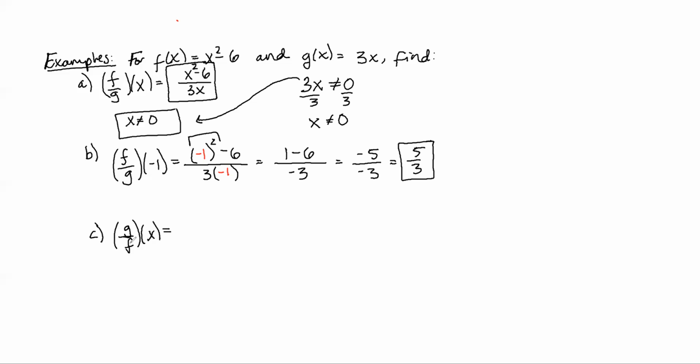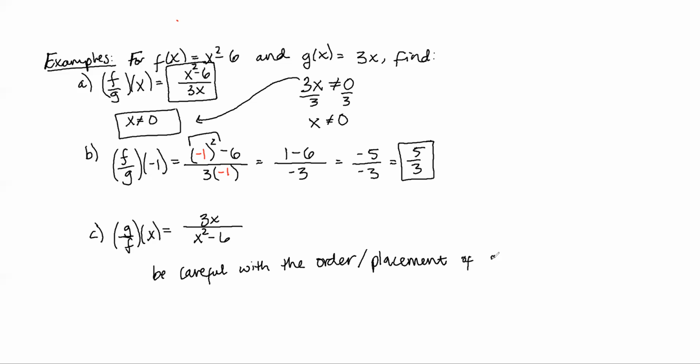So for this one, we're going to put g on the top, so 3x over f of x, which is x squared minus 6. So be careful with the order, or placement, of f and g.